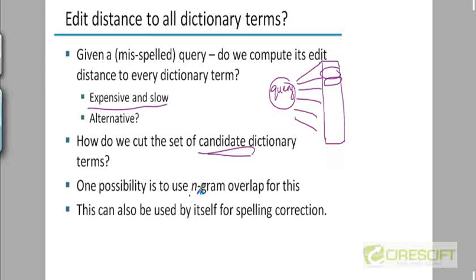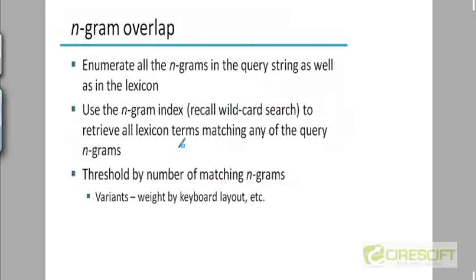And that brings us to this third measure of distance between two words, which is called an Ngram overlap. and we're going to see how to use our old Ngram index or Kgram index, which we talked about when discussing wildcard search, to now do spelling correction.